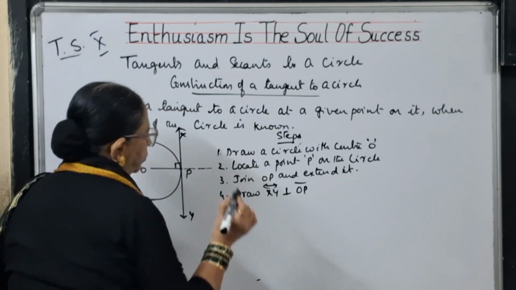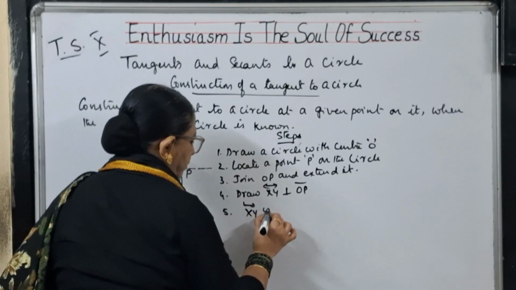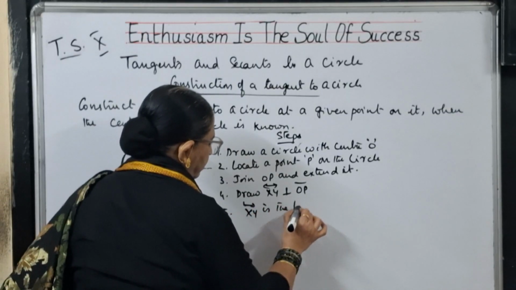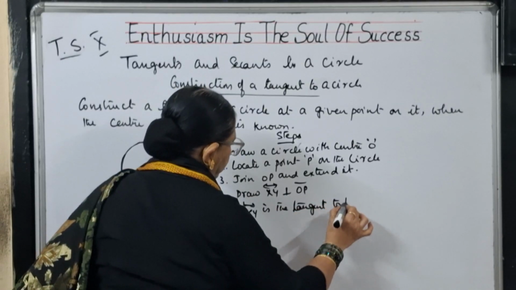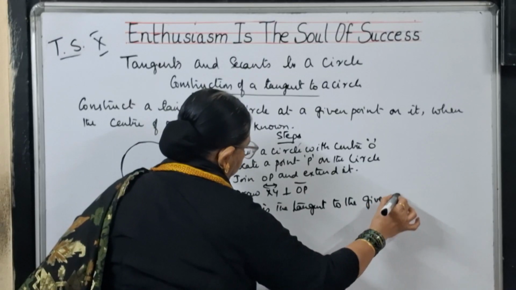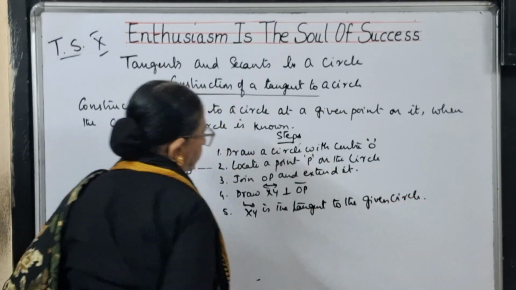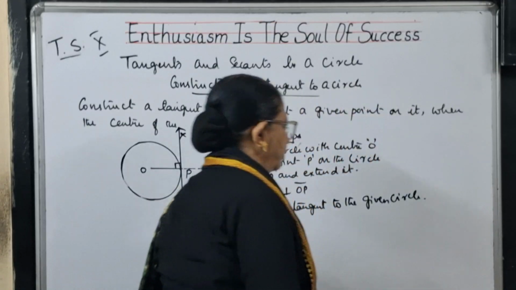Then fifth, XY is the tangent to the given circle. So this is the construction, children. Please note it down.